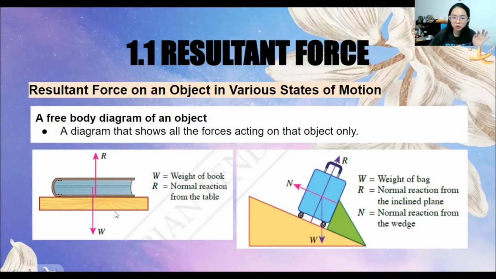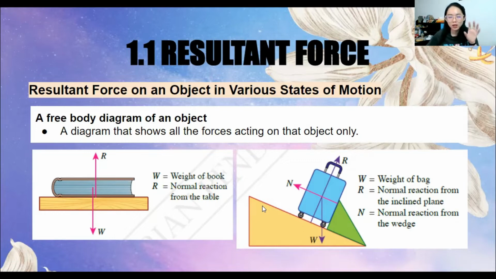The first one is a book on a table, and the diagram shows all the forces experienced by that book. The second is a luggage bag leaning on a wedge, and you can see that all the forces are drawn on this diagram. This is what we mean by a free body diagram.